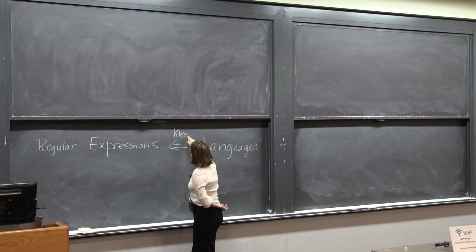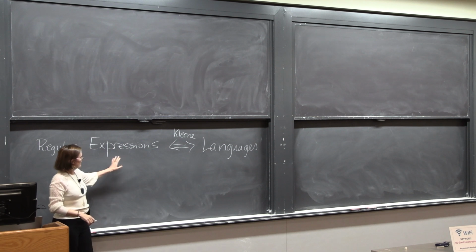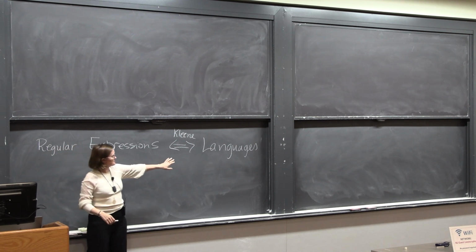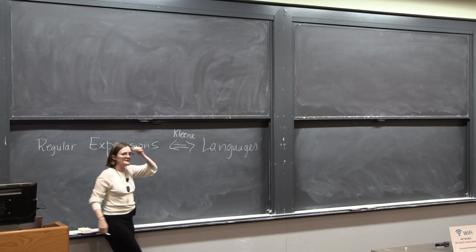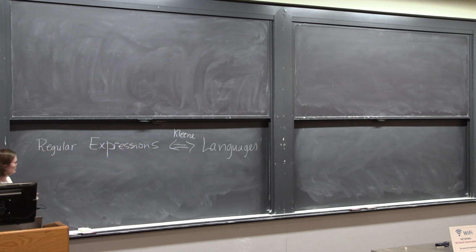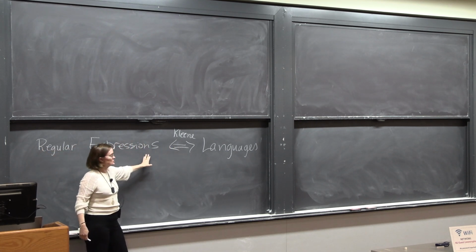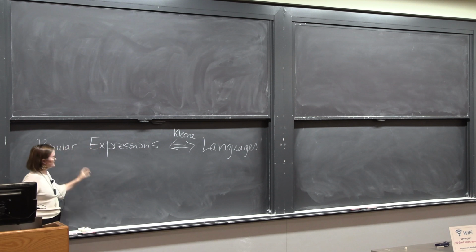And we spent quite some time talking about how to go from expressions to languages to prove one half of Kleene's theorem. Okay? So what I want to do today is talk a little bit about the other half. How do you go from regular languages to regular expressions?